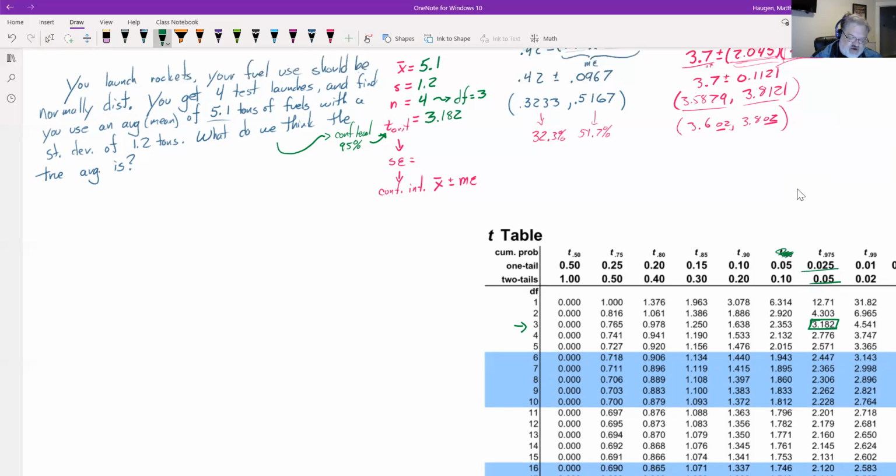How do we calculate standard error? The standard deviation divided by the square root of n. 0.6.